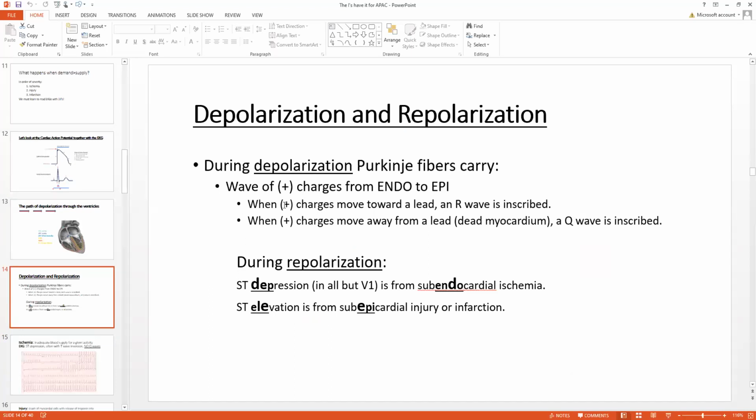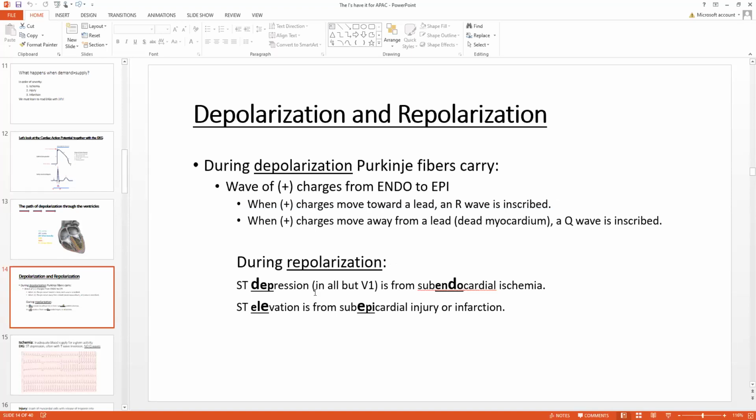But if the charge is coming towards a lead, that positive charge, an R wave is inscribed. But if there's dead myocardium, that positive wave has to move away from that area. It can't go towards it. And a Q wave is inscribed. So R waves and Q waves have to do with depolarization.